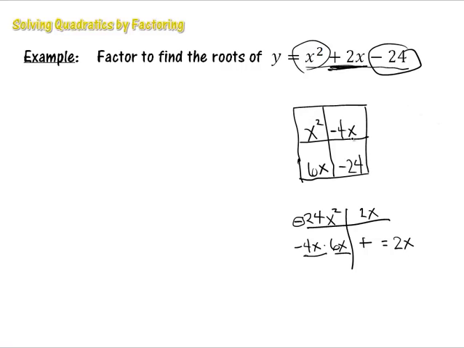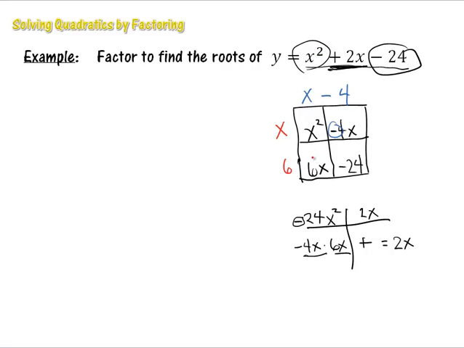Alright, now I'm going to factor each of these rows and columns, if you'll remember that. I'm going to factor this first column. It's just going to be an x. The second column is going to be a 4. It's going to be minus because of that minus there. My other factor is going to be an x here because they each have an x in common. And here I need a 6.